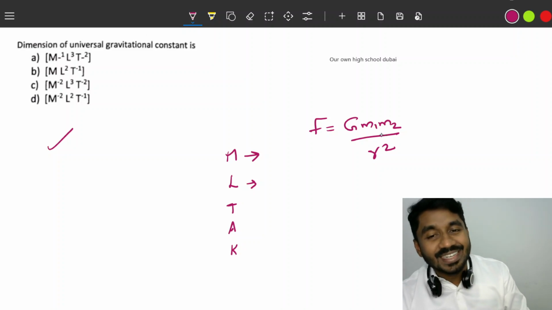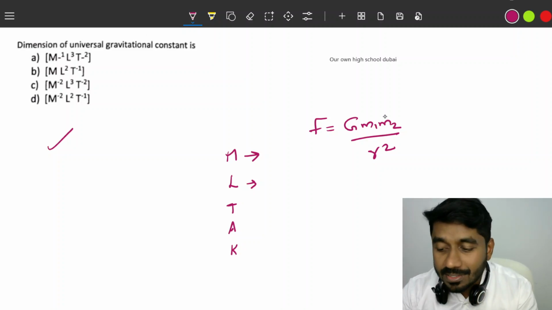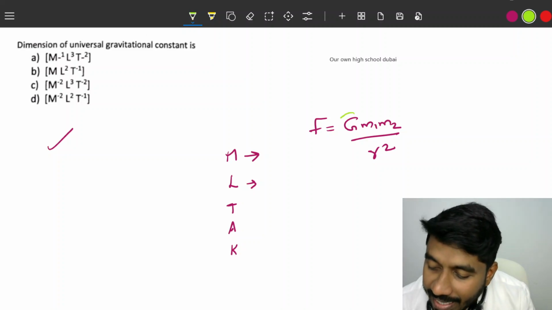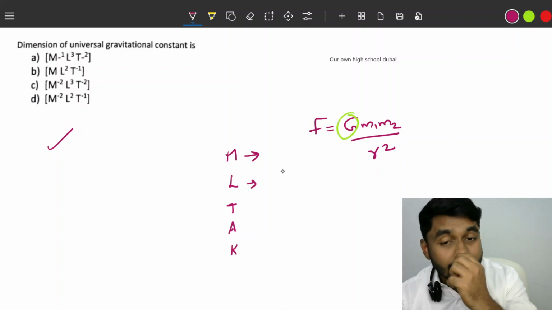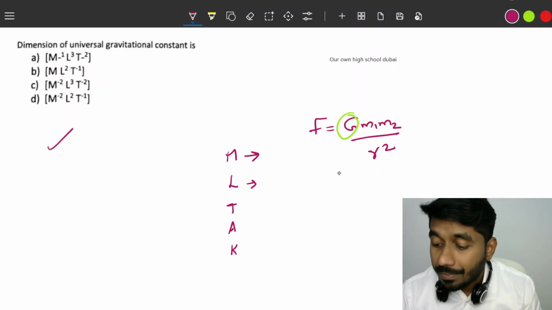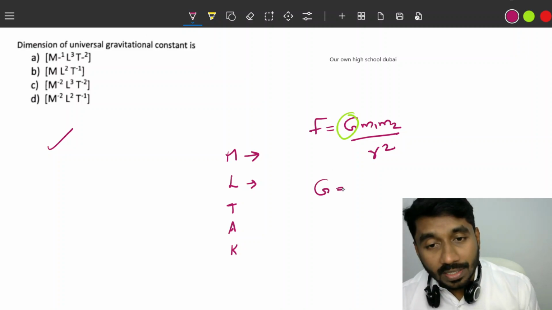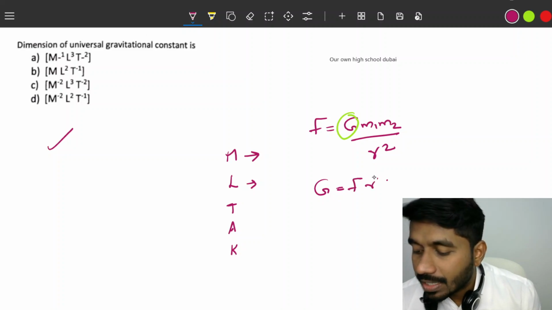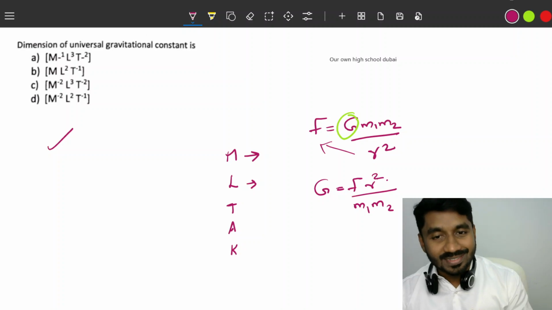You have studied this in grade 9, and from this we need to find the dimension of this gravitational constant G. So how to take G from this? G equals F r square by m1 m2, taking r square to the left side. I hope it is clear, right?